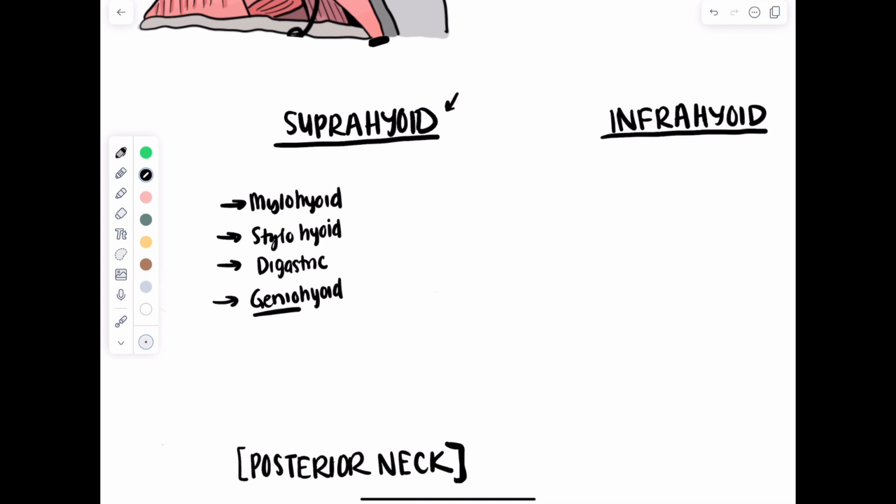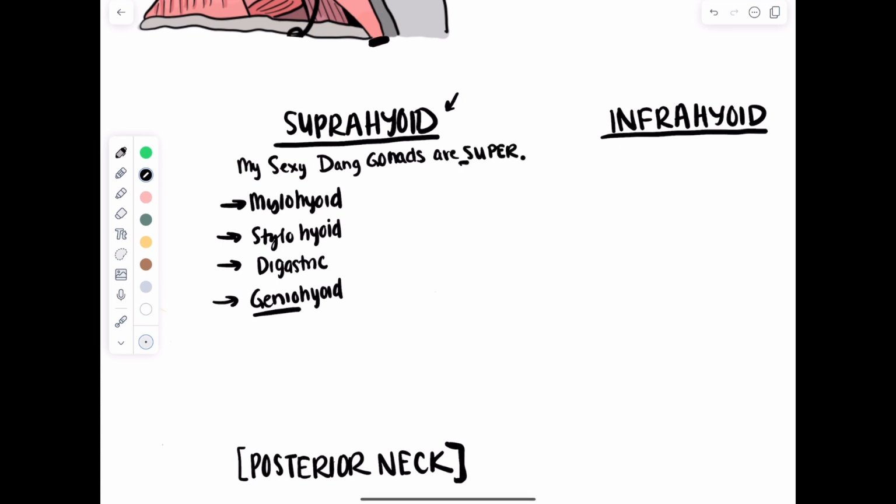My little way of remembering it: My sexy digs... gonads are super.